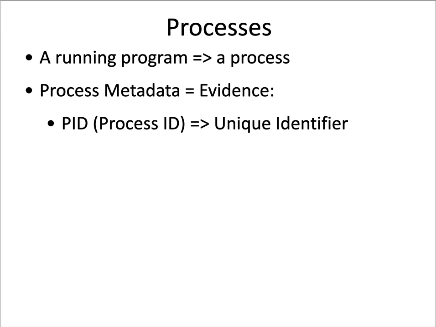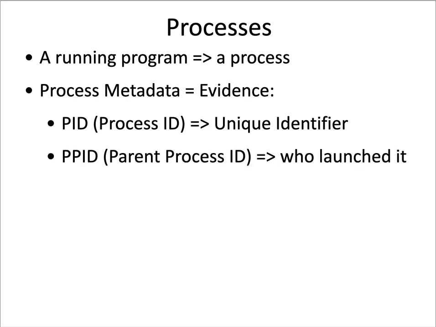The process ID, which is a unique identifier that identifies the process to the operating system. There is a parent process ID, called a PPID, and that is who launched it, or what process launched it. In Unix, you have a function called fork, and processes are created by forking a process that's running and changing it to something else, and then it continues executing under whatever that new thing is.